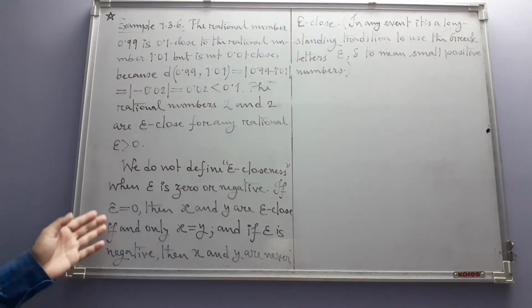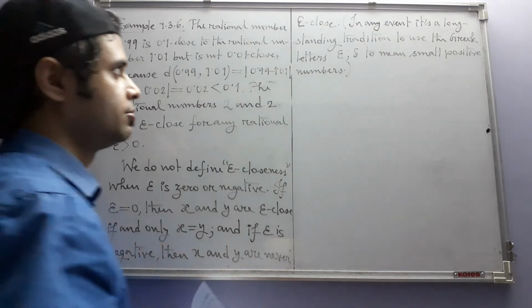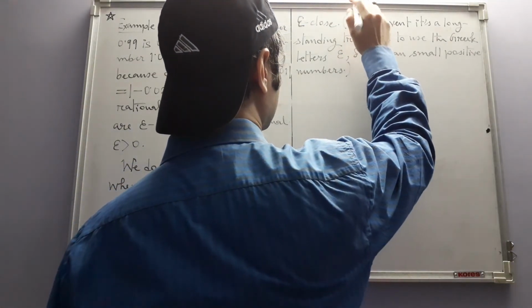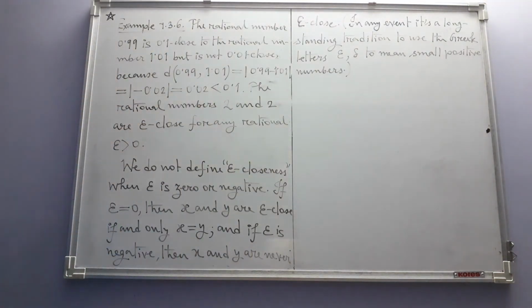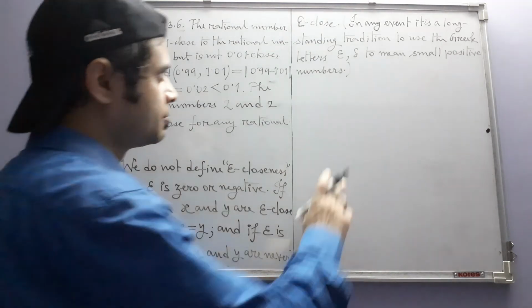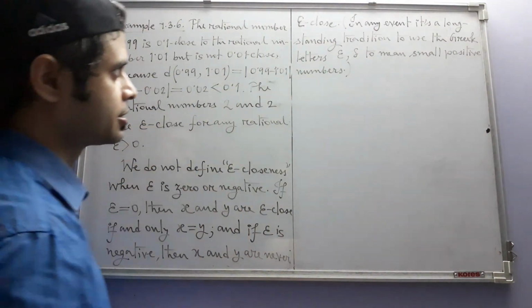So that's why we have chosen epsilon to be positive. Small, the adjective small of course is something vague, because if we say a number is small, then that does not tell us anything mathematically. Positive, however, is a well-defined concept.